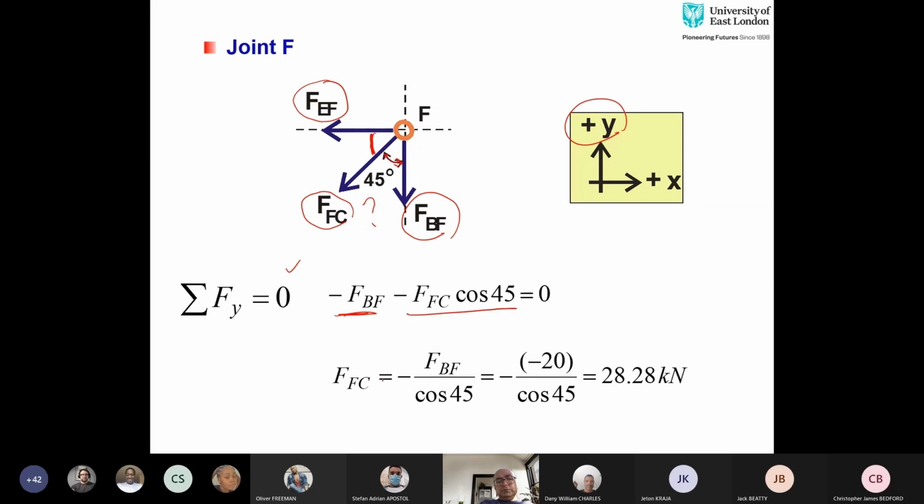If you bring the forces on the other side, then it will result in FBF over cos 45. And if you put the value of FBF, which is negative 20, negative multiplied with negative will give you positive, and FFC is going to be 28.28.